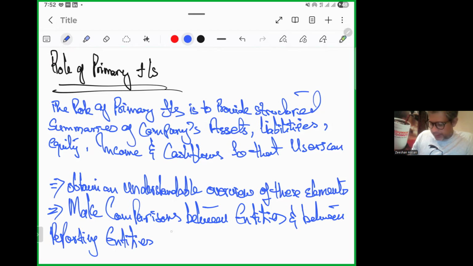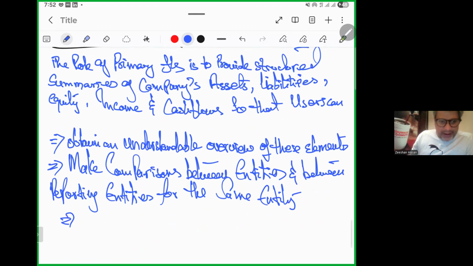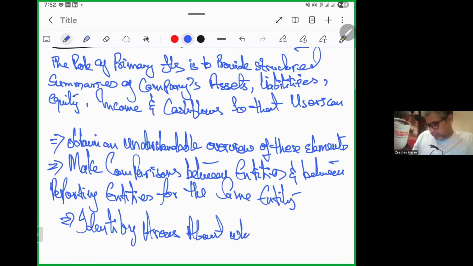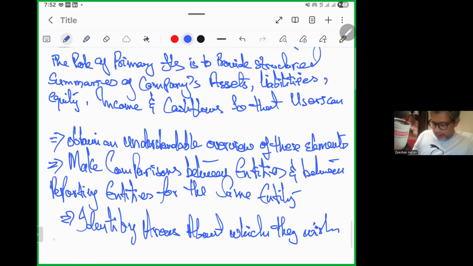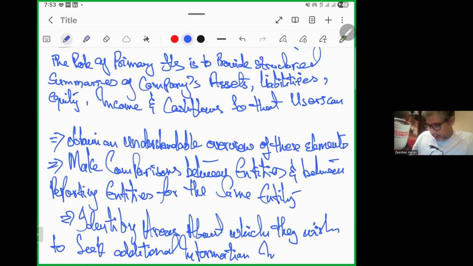Reporting entities for the same entity, and identify areas about which they wish to seek additional information and notes to financial statements.